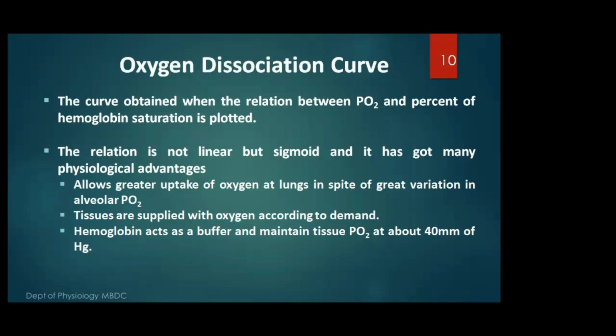And because of the sigmoid shape, it has many physiological advantages. That includes it allows greater uptake of oxygen at the lungs in spite of greater variation in the alveolar partial pressure of oxygen. Tissues are supplied with oxygen according to the demand of the body. Hemoglobin can act as a buffer and maintain the tissue partial pressure of oxygen at about 40 millimeter of mercury.